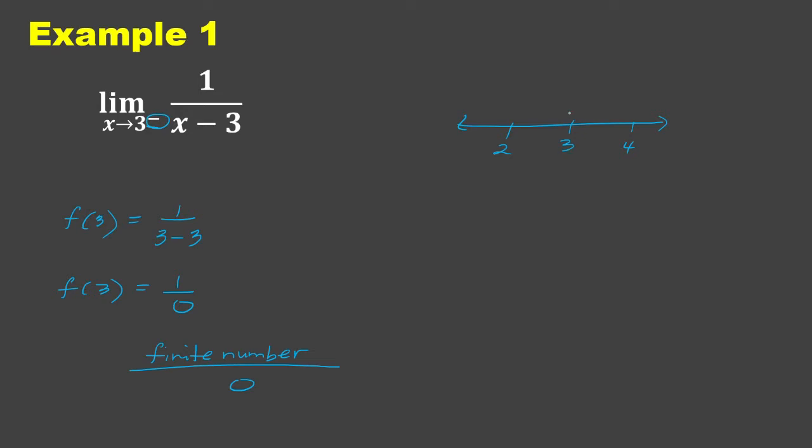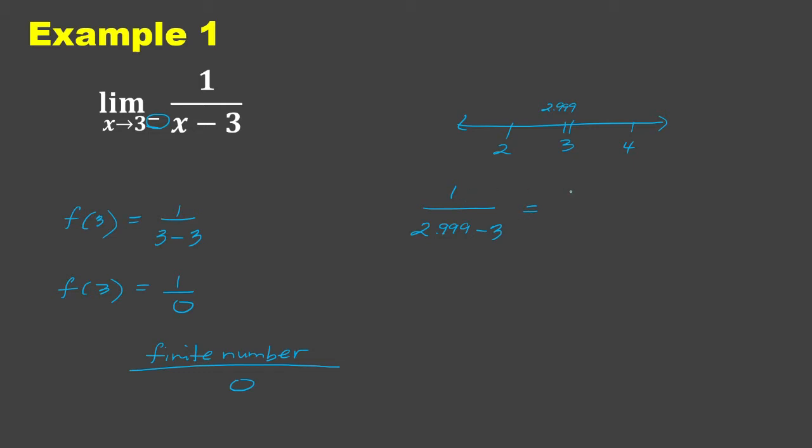So if it's from the left, let us try to substitute values that would be from the left of 3. So let's say we're doing 2.9999. So doing that, we have 1 over 2.9999 minus 3. And then let us consider the sign of the output here.